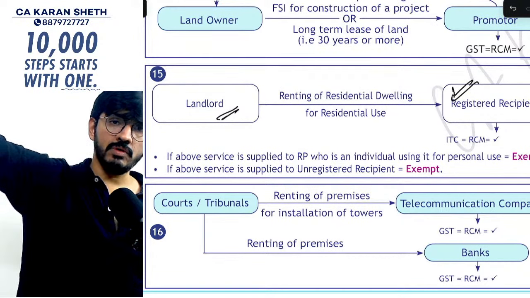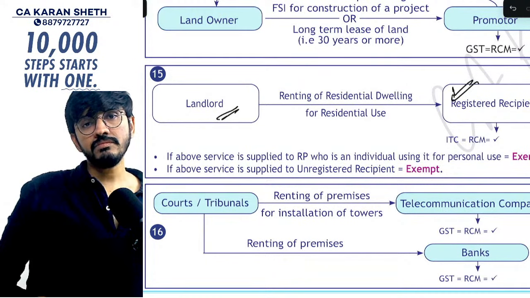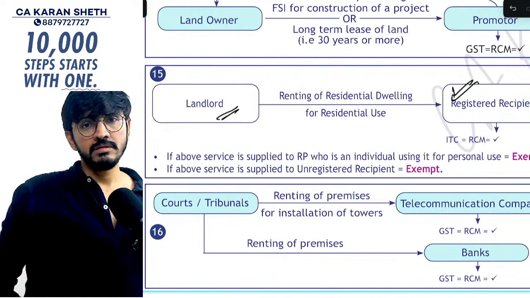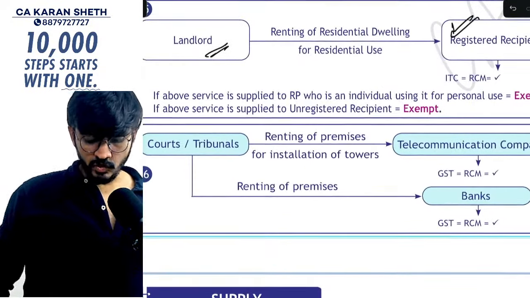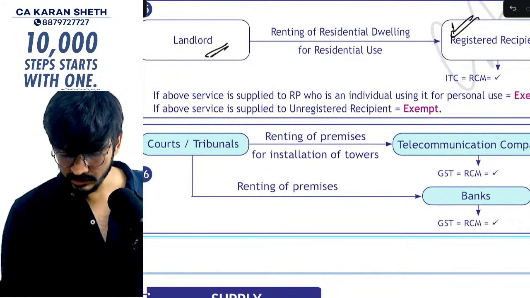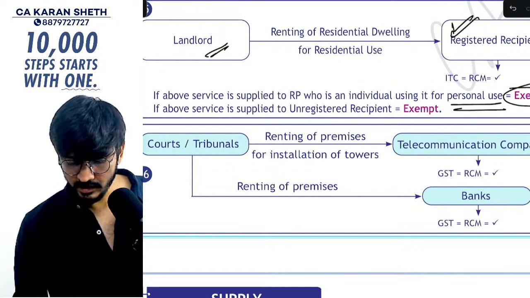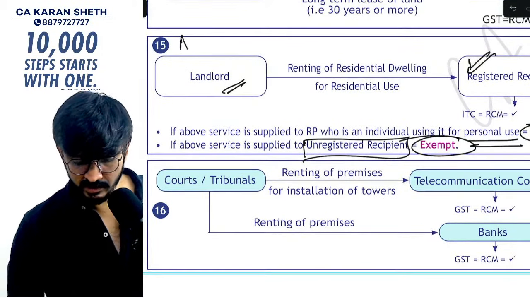There they wanted to clearly trigger RCM. Got it? Okay. So if the above service is supplied to a registered person who is an individual using it for personal use, exempt. Recipient is unregistered, exempt. This is a major amendment.